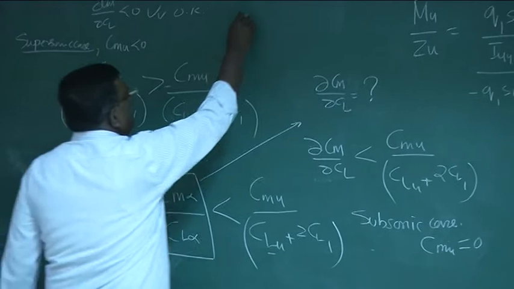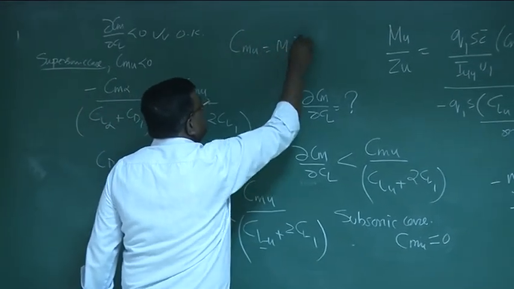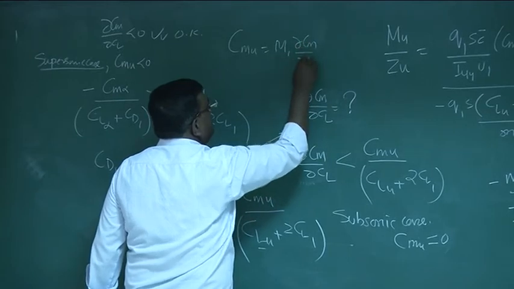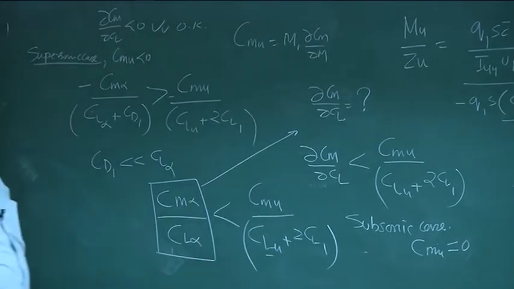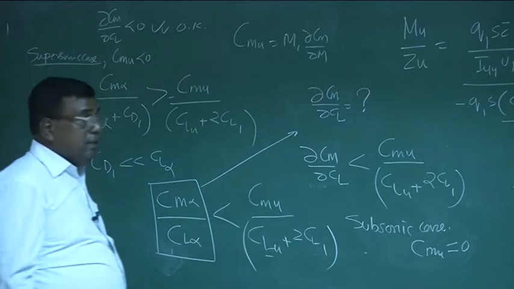That is because CMU is nothing but M1 into dCM by dM. And what happens as the aircraft goes supersonic and increases speed, the center of pressure or the aerodynamic center of the tail goes backward. So the tail moment increases, which gives you a nose down moment and the tuck under effect, right?